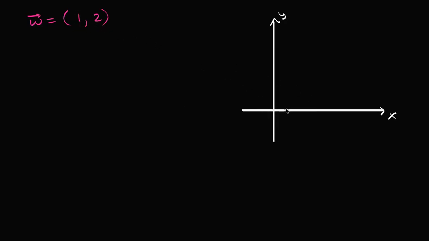So its x-coordinate is 1. Its y-coordinate is going to be 2. So this vector's initial point is right here. Its terminal point is going to be right over there.